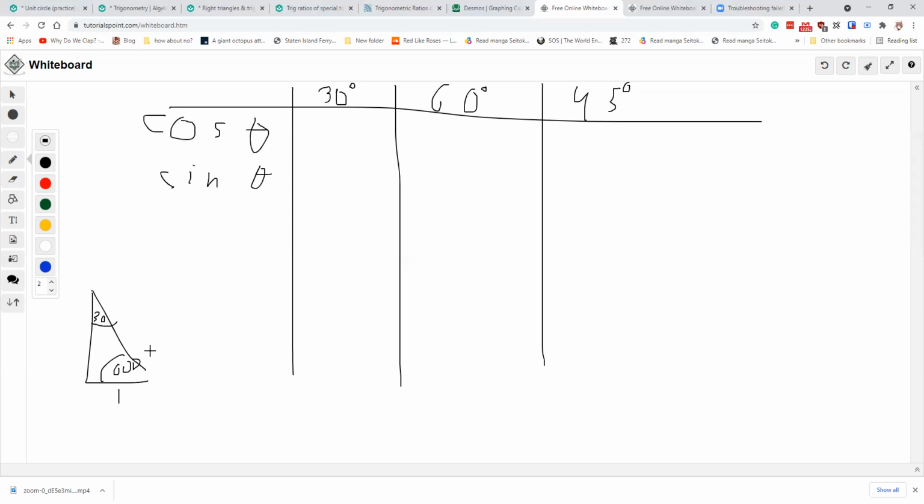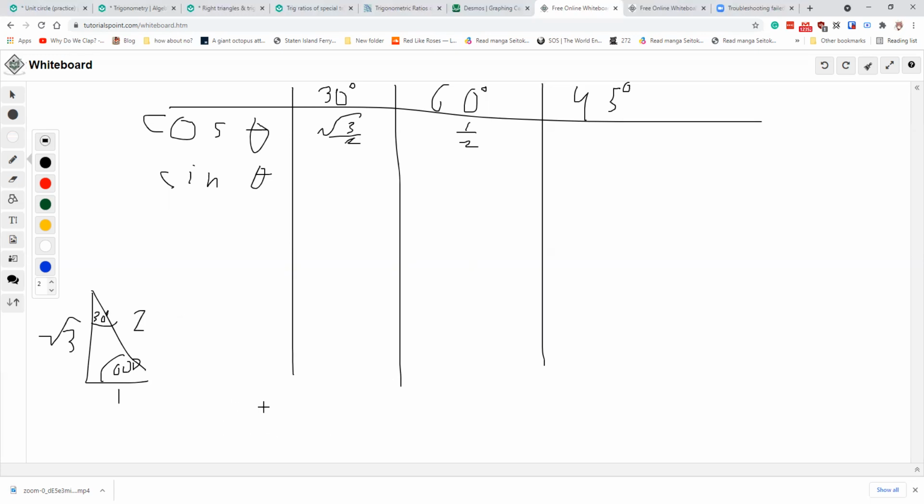You get 1 here, root 3 here, and 2 here. And so the cosine of 30 degrees would be the adjacent to 30 degrees, which is root 3, divided by the hypotenuse, which is 2. So it is equal to root 3 over 2. The cosine of 60 degrees would be the adjacent there, which is 1, divided by the hypotenuse, which is just 1/2.